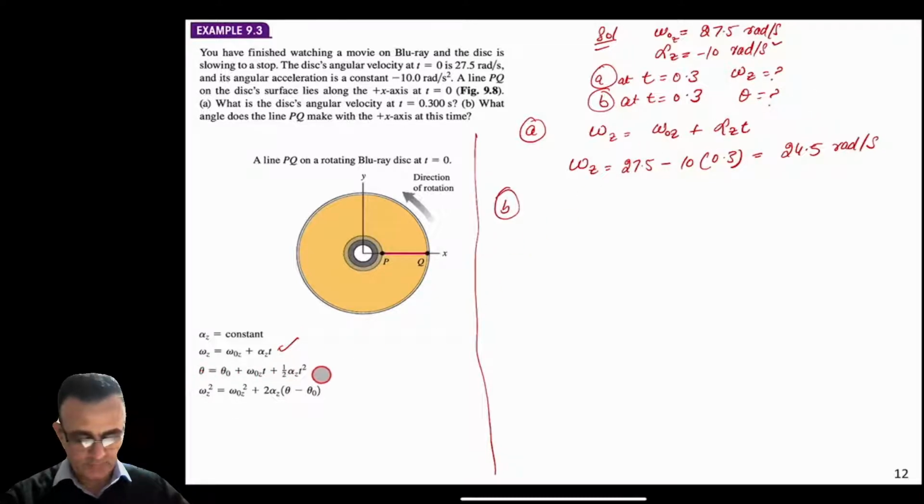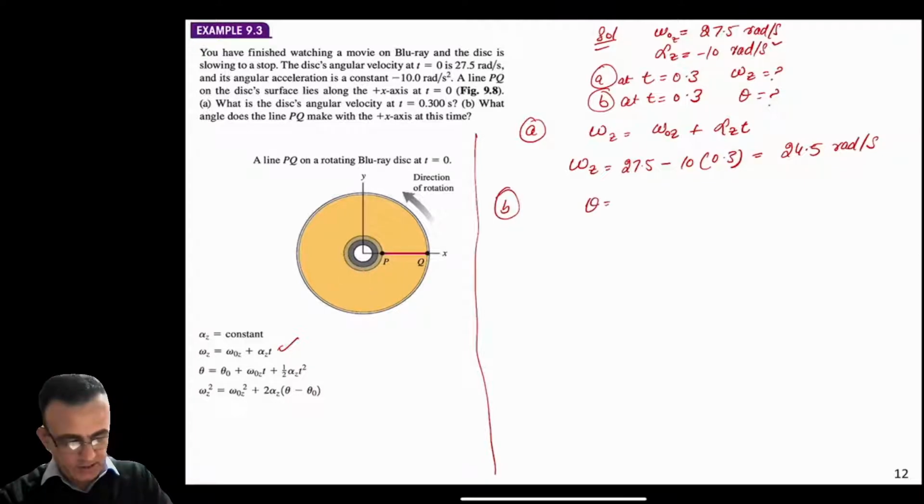Finally, we need to calculate theta here. For theta, we will use this equation: theta equal to theta naught, which is 0, plus omega naught z t plus half alpha z t square.